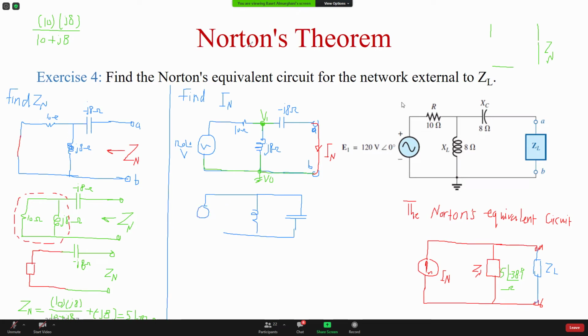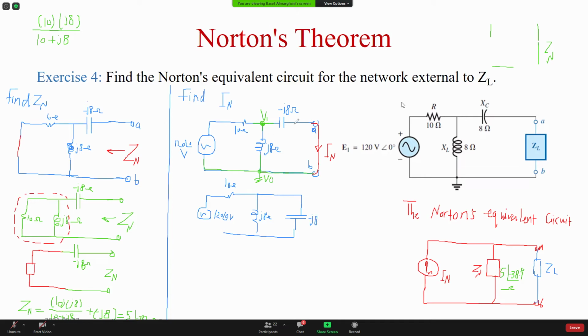Oh, I forgot the resistance. There's a resistance there. That 10 ohm resistance. So this is 120 angle 0 volt, 10 ohm, J8, and this is the minus J8.